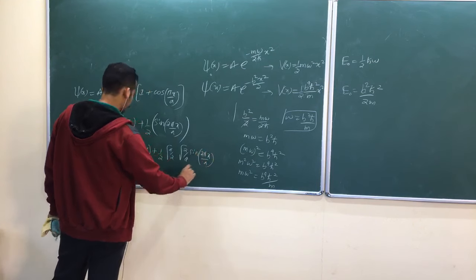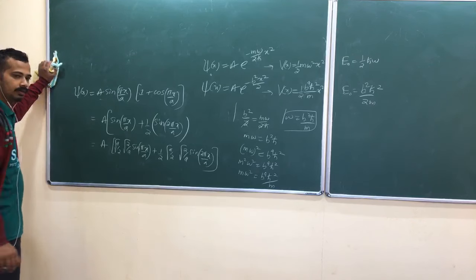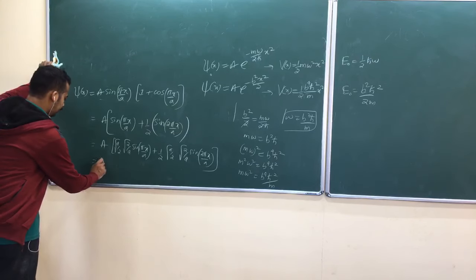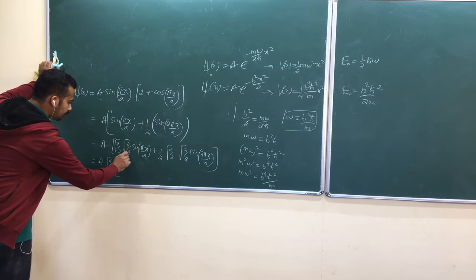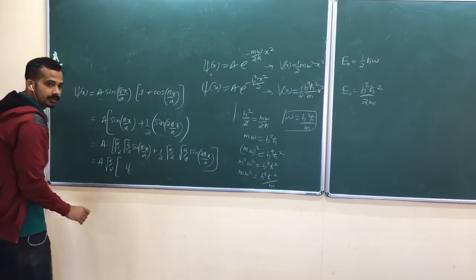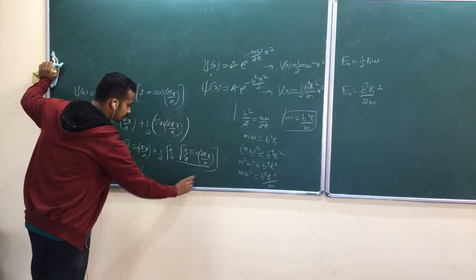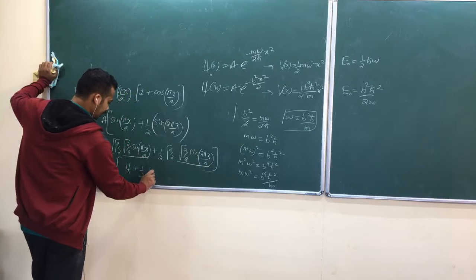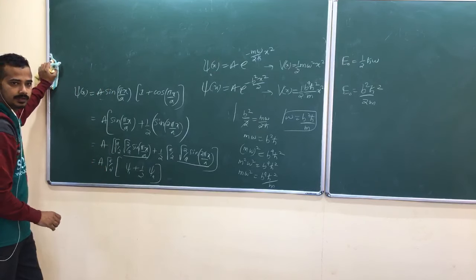Observe carefully. Now, can I take a into root of a by 2 outside? Root of 2 by a sine pi x by a, ground state, plus half into root of 2 by a sine 2 pi x by a, first excited state. Isn't it?